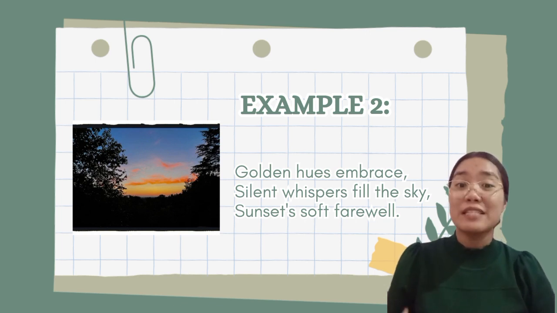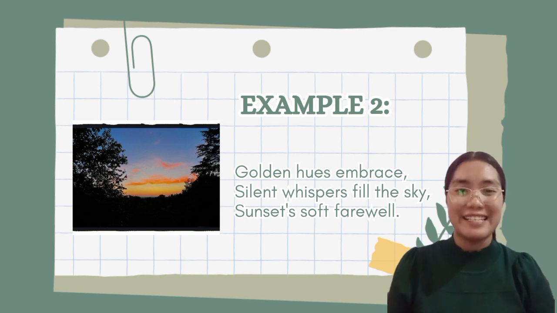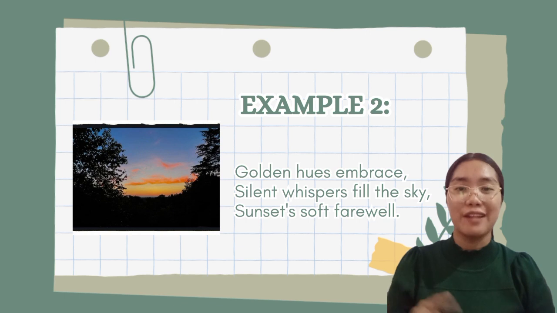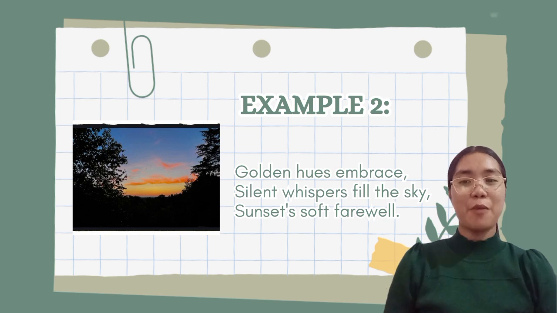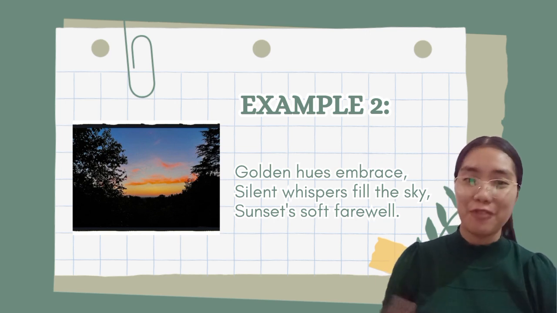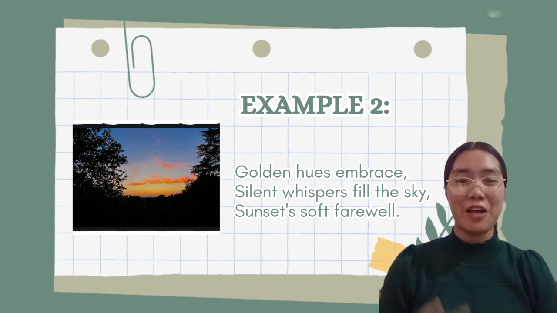It evokes a sense of serenity and beauty through its imagery of golden light. That's the sunset. Okay, so quiet ambience and the subtle farewell of the setting sun. Remember that you can write various types of haiku because nature is everywhere. What you see is what you write.